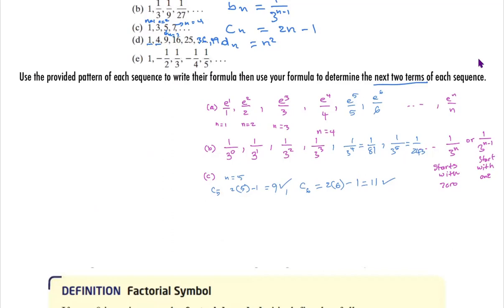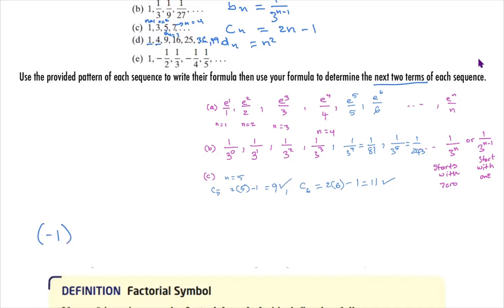So that said, you're going to have -1 to the power n minus 1.